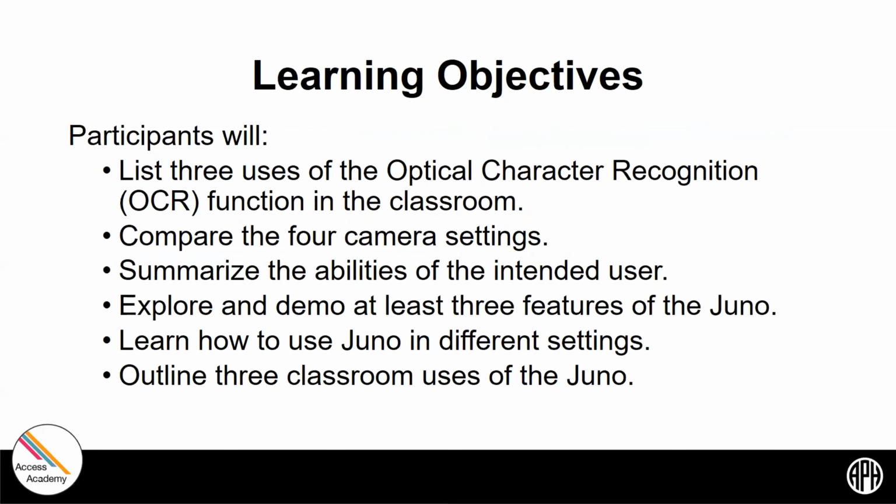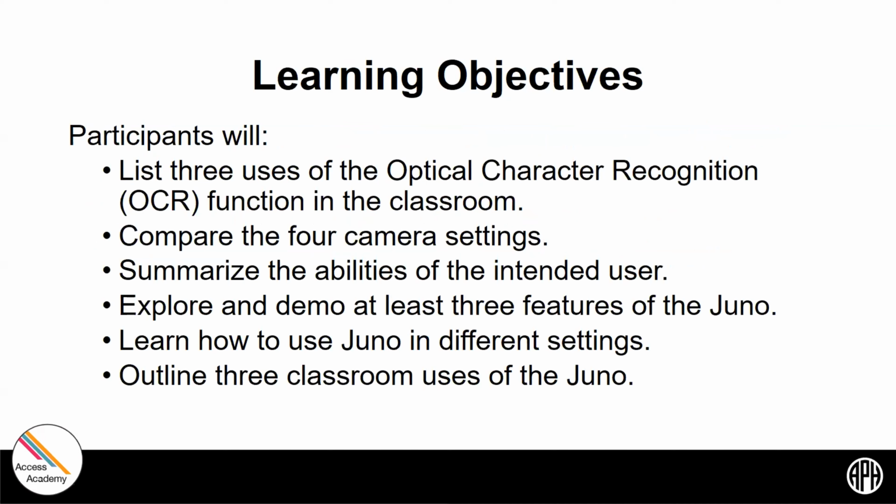Let's talk about our learning objectives today. We're going to list 3 uses of the OCR, Optical Character Recognition function in the classroom. We're going to compare the 4 camera settings in Juno. We'll summarize the abilities of the intended user. So what kind of things can you do? You'll learn about those things.